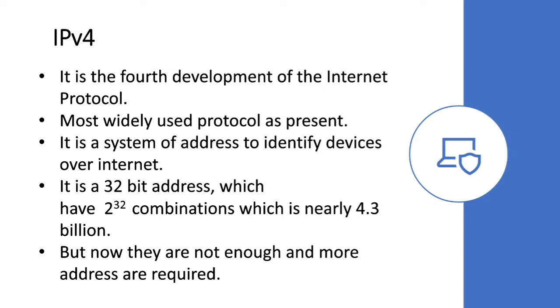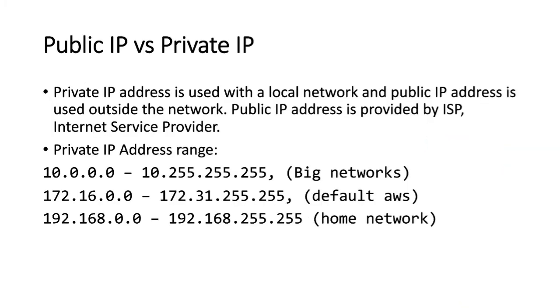They are unique because we use them to identify our EC2 instances over the internet. And the other category is the private IP address, which is used to identify our systems in local networks, right? So in our context, we will be talking about the AWS inner networking, right? So they will be using the private IP addresses.